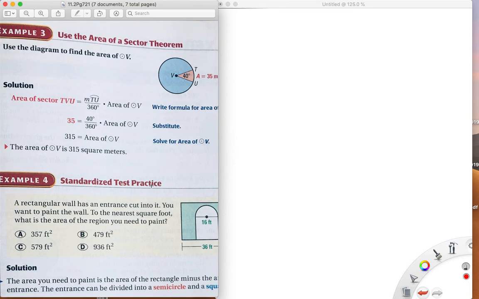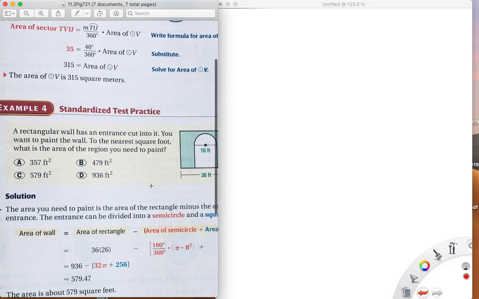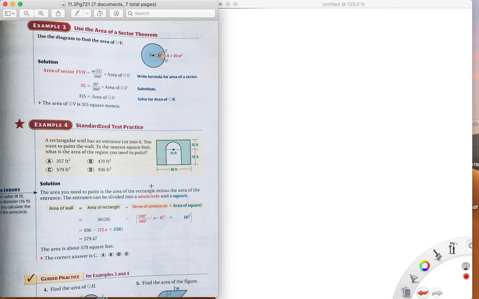If you want to find the area of the circle, you can use the same exact proportion based off the information they give you, and you can find the area of the particular circle. Since we have the sector area proportion, we can actually use it to find shaded regions of complex shapes.